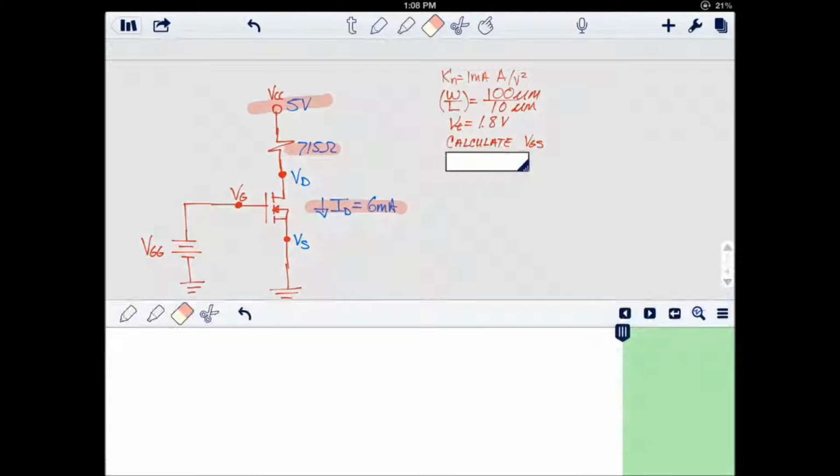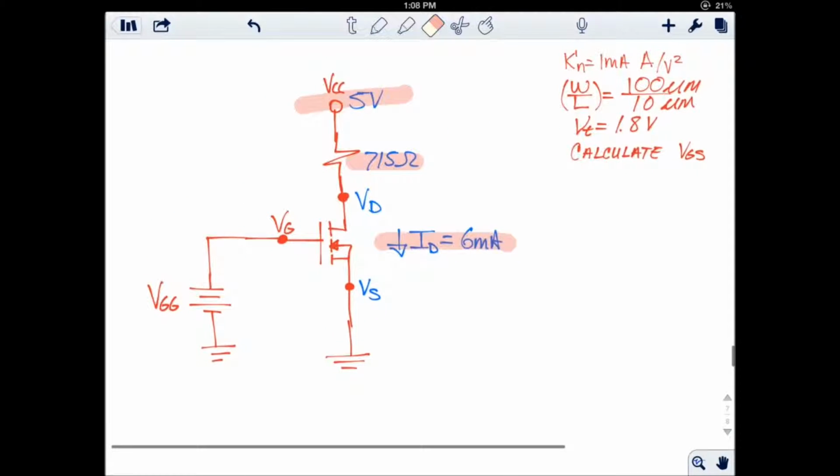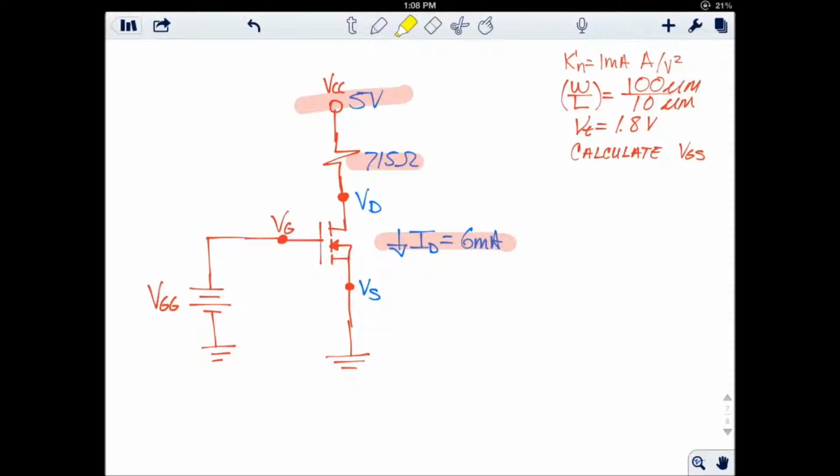Hi. So we are given this circuit where we know some of the values because they were given to us: the VCC voltage and the resistor value.